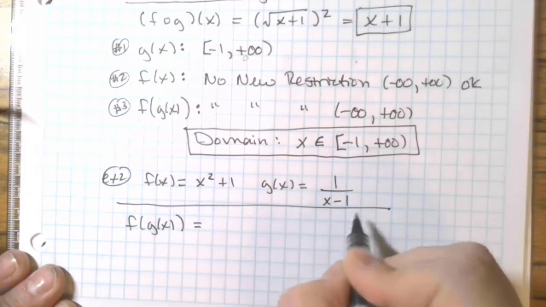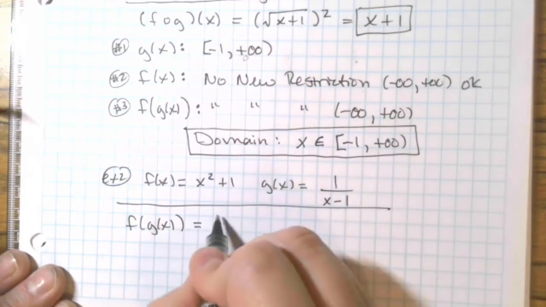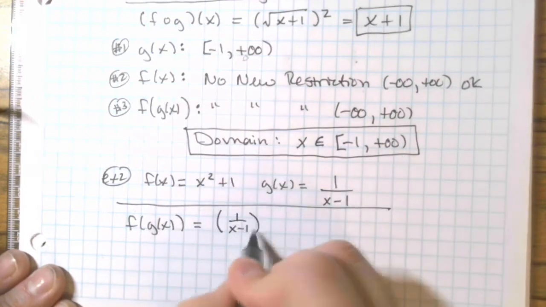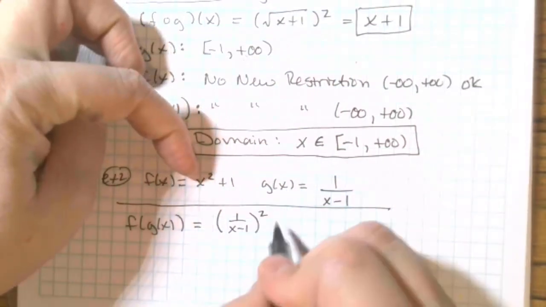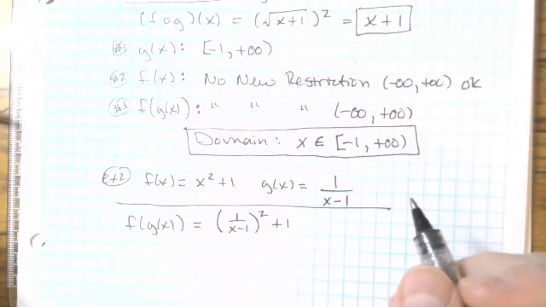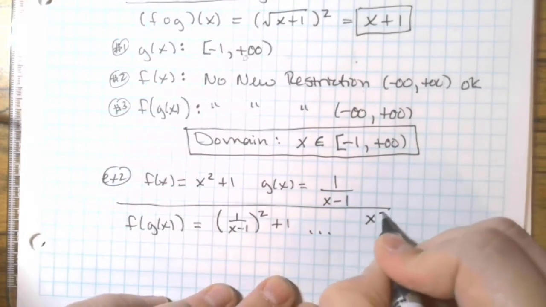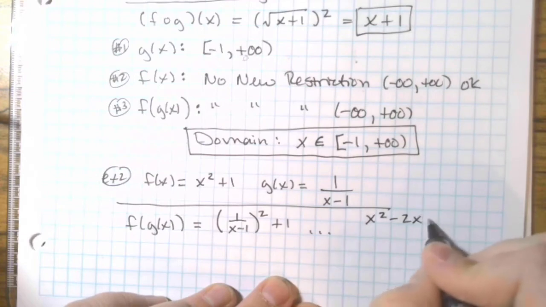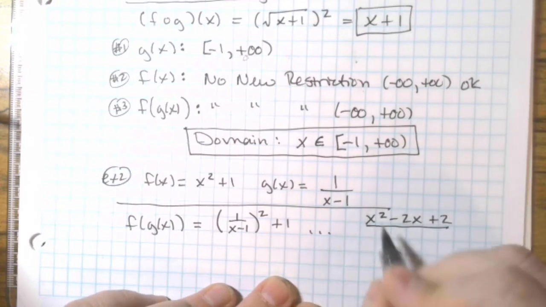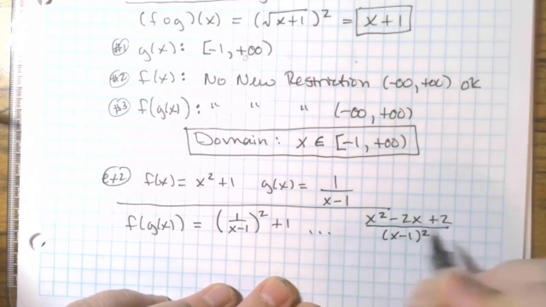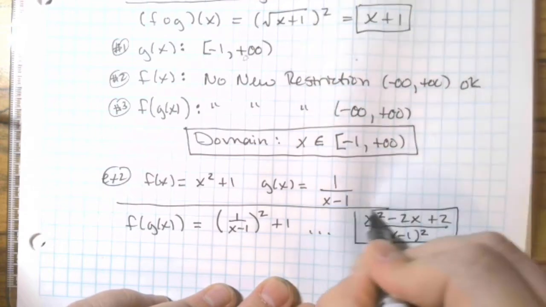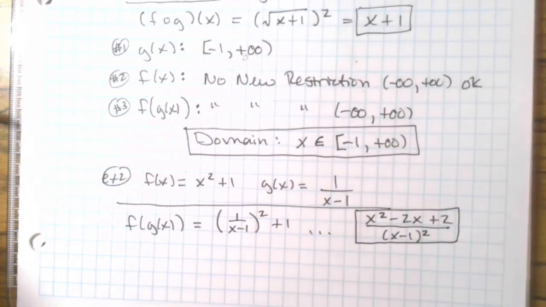So g will go into f, so that gives me 1 over x minus 1 squared plus 1. And I'm going to do a little magic for the sake of time. We end up with x squared minus 2x plus 2 over x minus 1 squared. That's what we get.